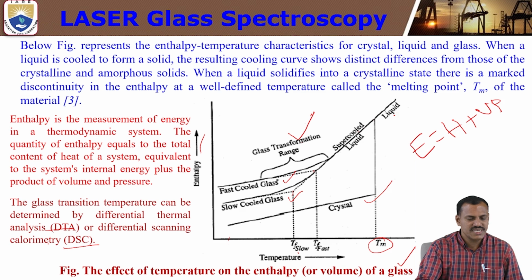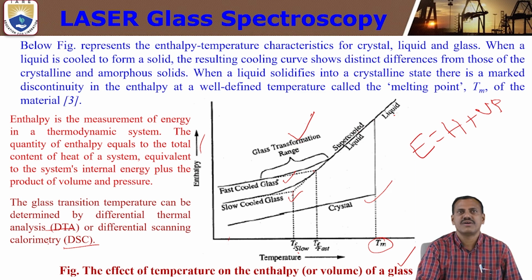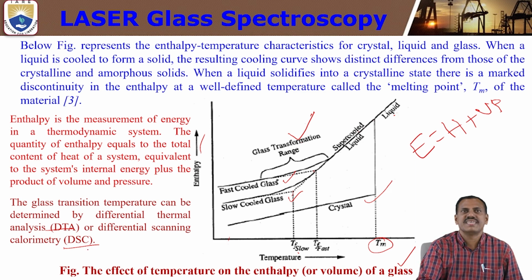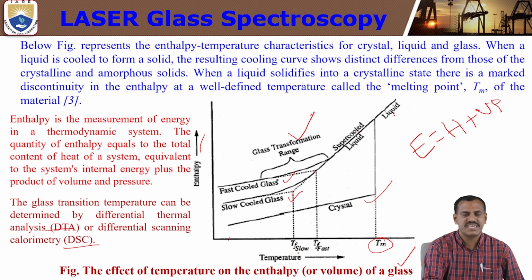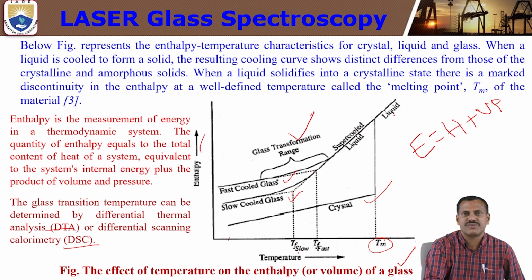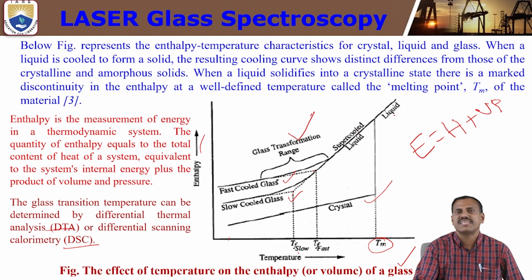The DSC range is up to 1000 degrees centigrade, but with DTA we can go up to 1500 degrees centigrade. So using DTA or DSC we can clearly know these three parameters.